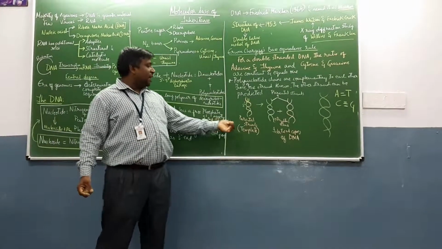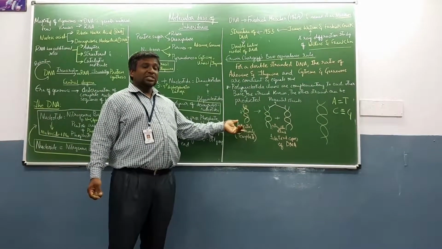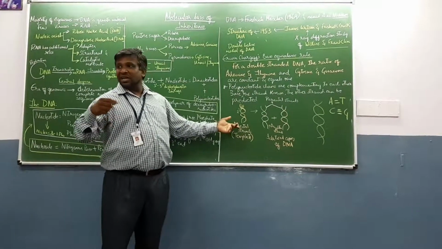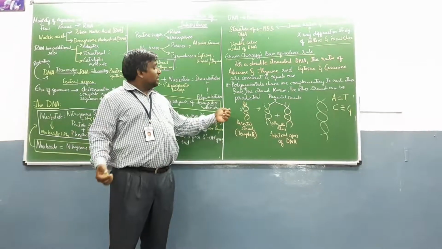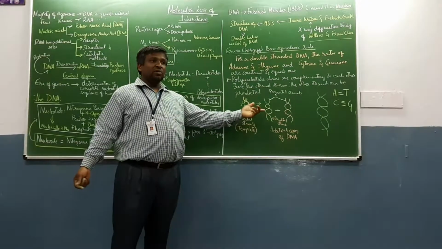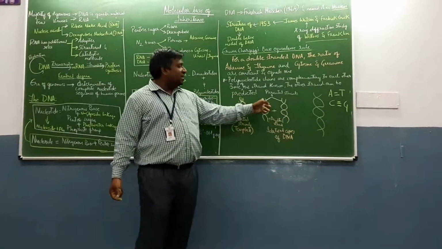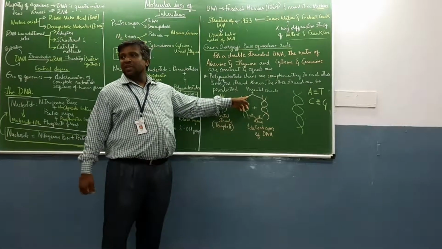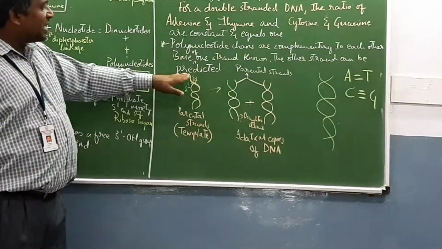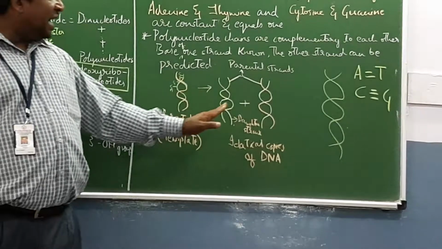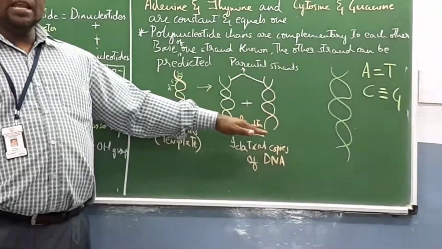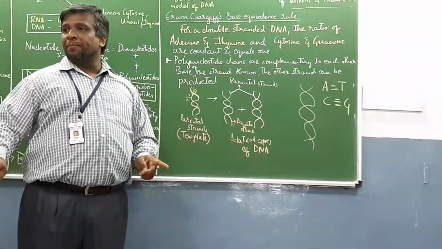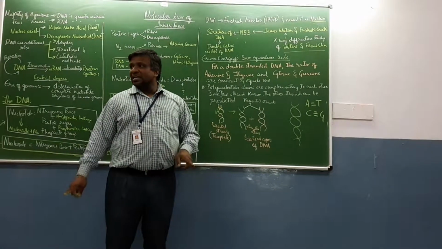That is how the parental strands in the semi-conservative mode of replication work. When we come to that concept, I'll tell you. The parental strands separate out and the newly formed strand will have a sequence complementary to the parental strand. The parental strand base pairing and the newly formed DNA base pairing are identical copies.